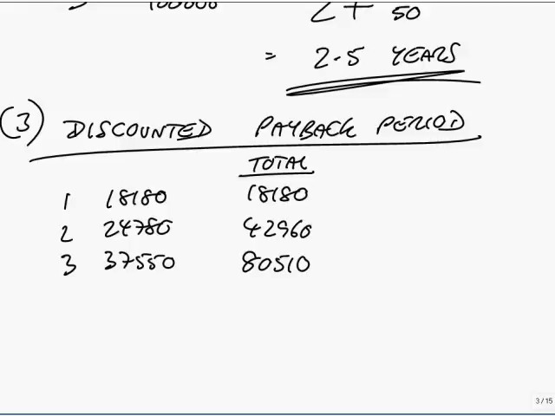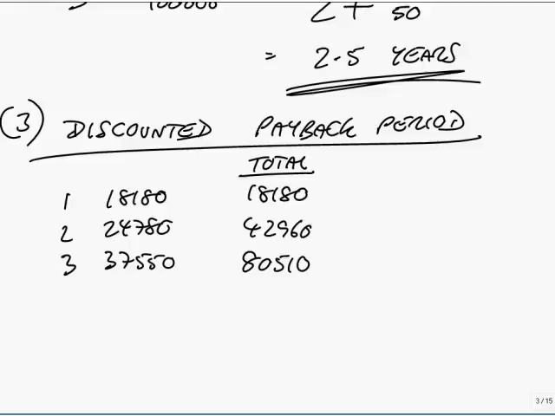Let's check. And incidentally, as I'll explain as we go through, before you do it, always look at the choice of answers, because there are two ways they could expect you to write it. But what I mean is, in exactly the same way, after 1 year you've had 18,180, after 2 years 42,960, which isn't enough. We need 75.